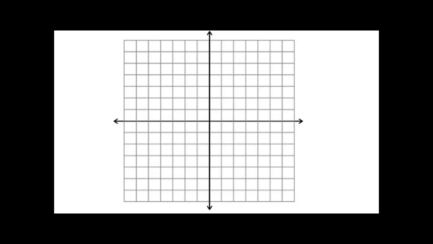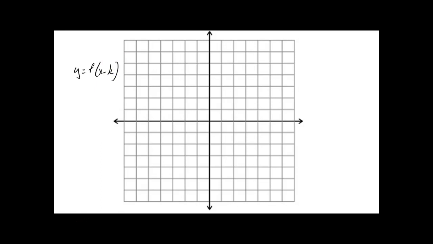What if we had something like this? I'm going to go back to black here. y is equal to some function of x minus k, where k is some constant.